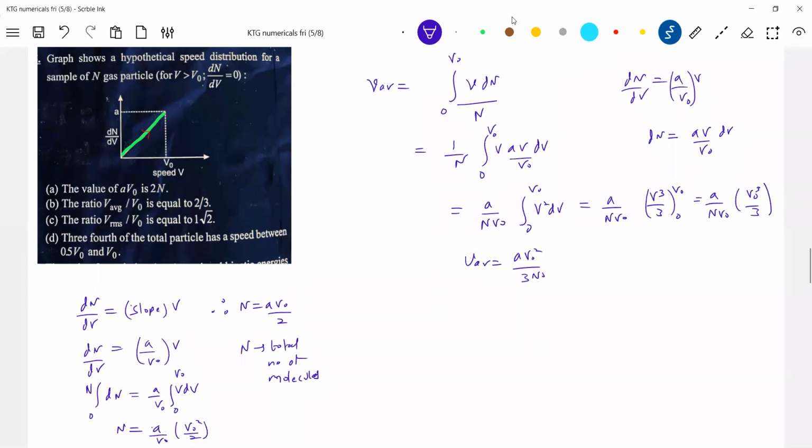Sorry, it is 3N. What is N? N is equal to A v naught by 2. So v average is 2 v naught by 3. Therefore v average by v naught should be equal to 2 by 3.